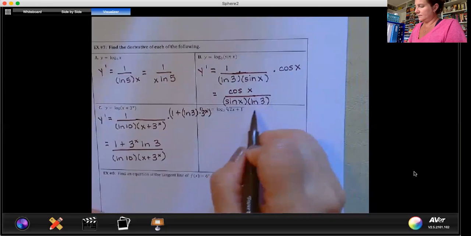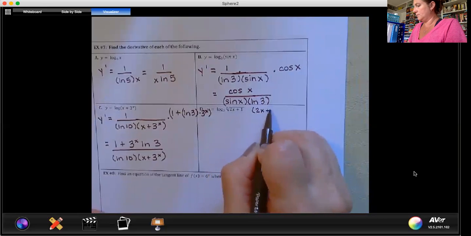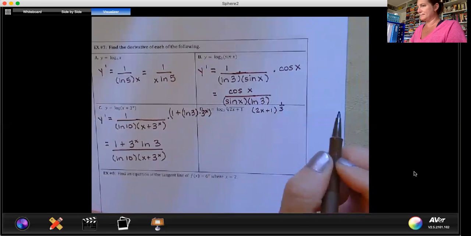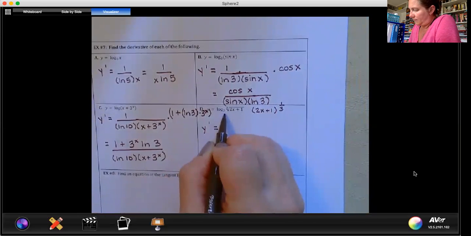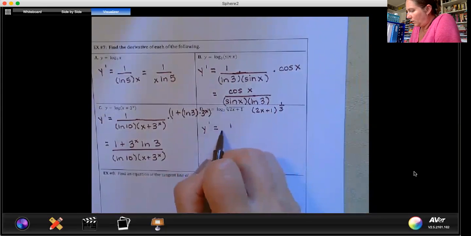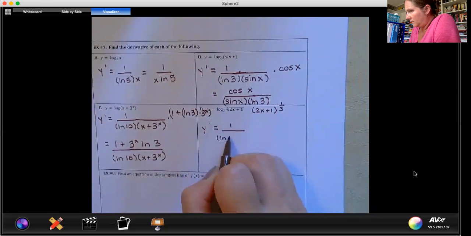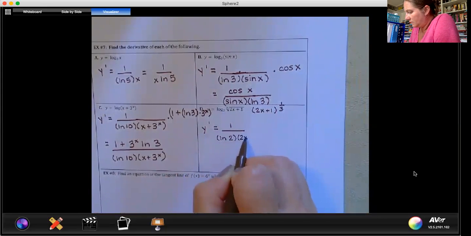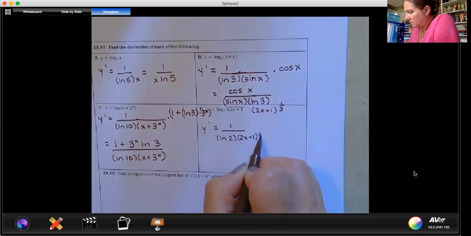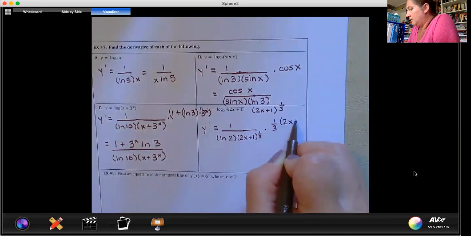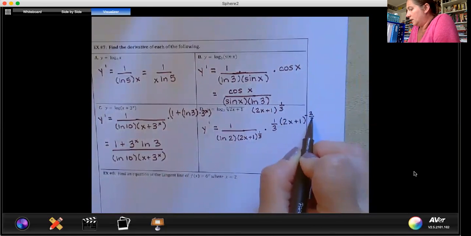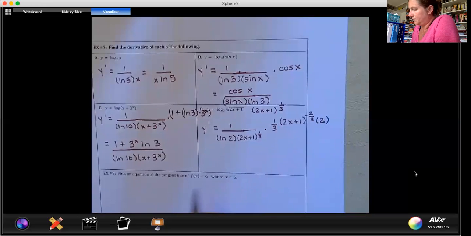Cube root of 2x plus 1 is 2x plus 1 to the 1/3 power. So y prime, again, we have our log base 2, so 1 over ln 2 times the function times the derivative, 1/3 bring down, minus 1 times the derivative of the inside.